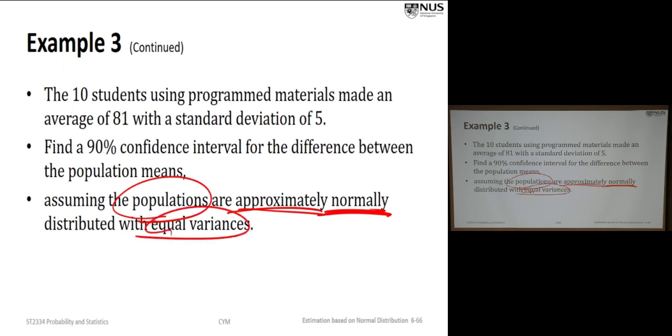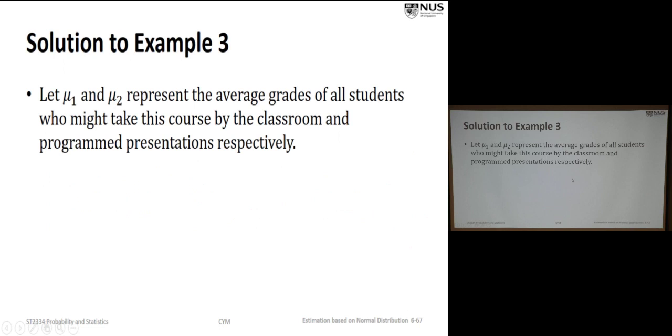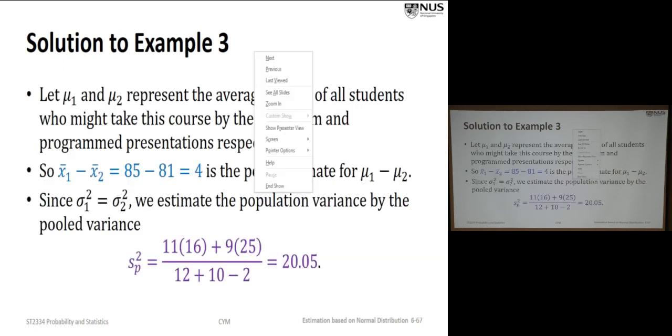And the other condition, so this is condition 1, this is condition 2, in order to apply the formula. I don't know sigma 1 square. I don't know sigma 2 square. But I know that they are equal. And I also have a normal population. So substitute in, and then you get all this, or you compute the sp square.